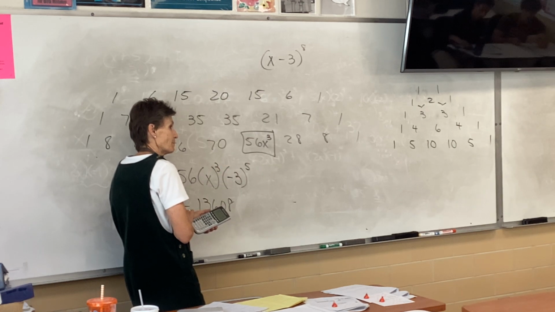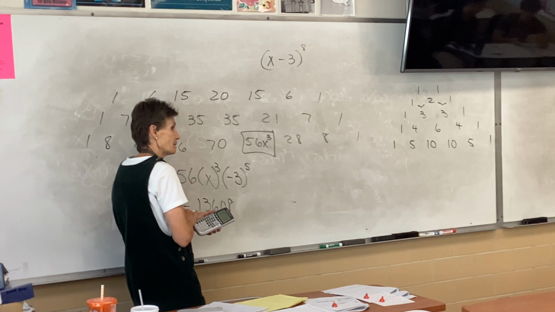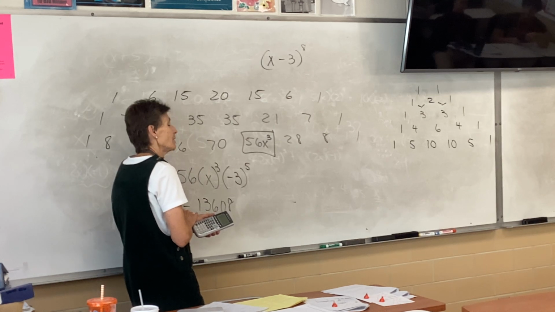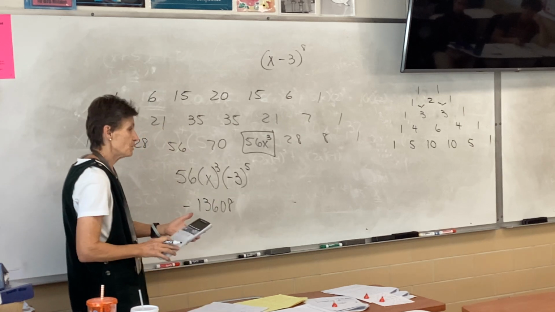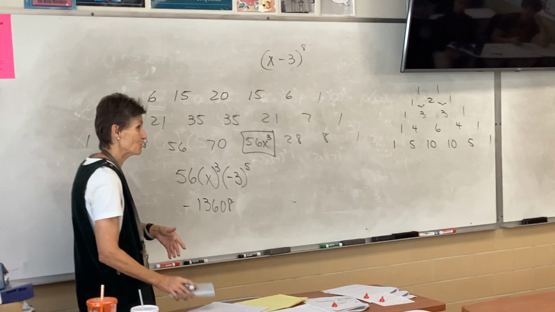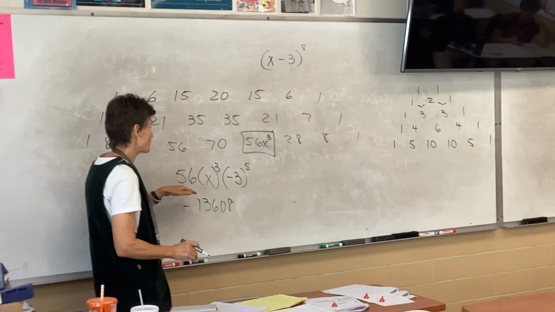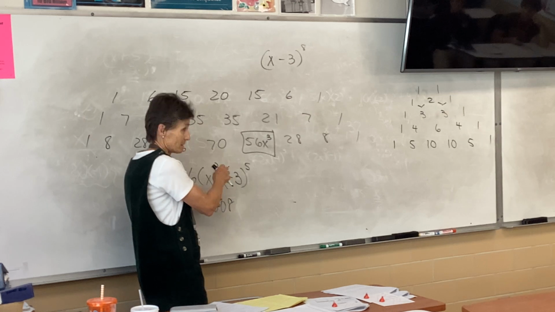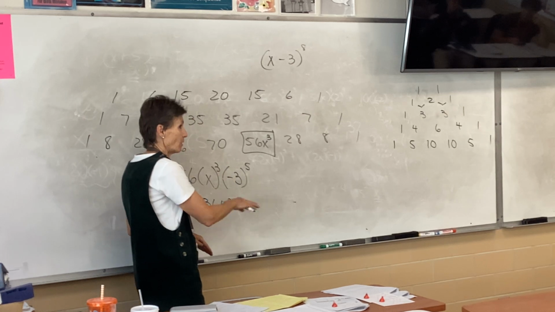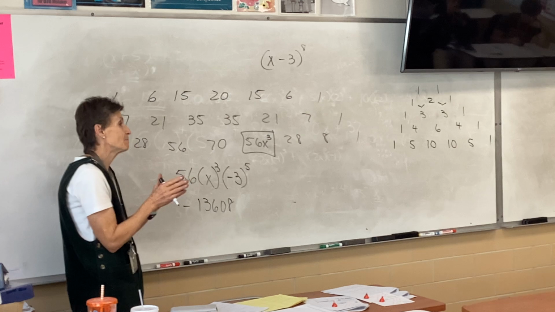That's where I messed up. So were you typing in the X cubed? Yeah, I did. That's where I messed up. So probably somewhere in your calculator, you or someone else has stored a value for X. So when you typed in X cubed, whatever value was stored was getting cubed and multiplied by all that. So we want just the coefficient, no variable.